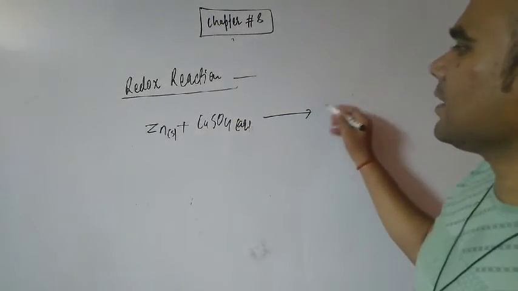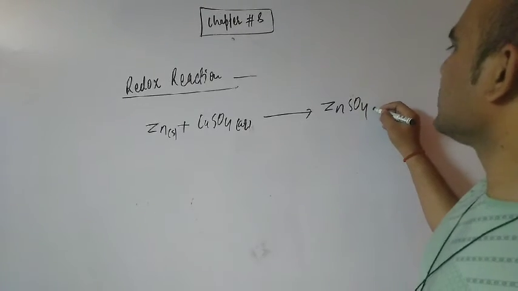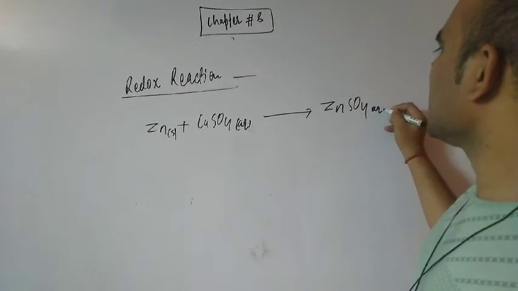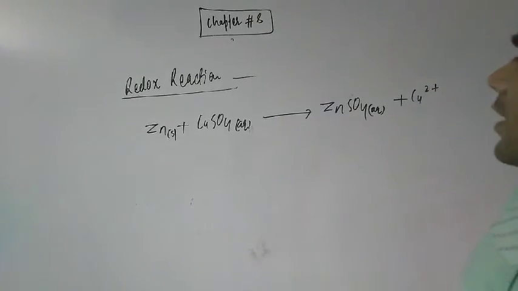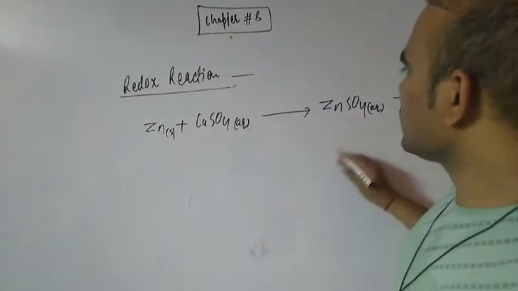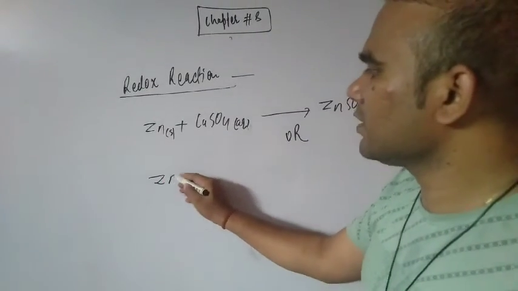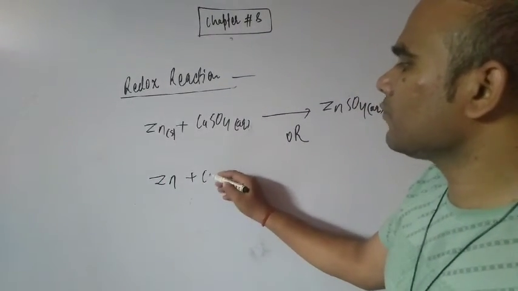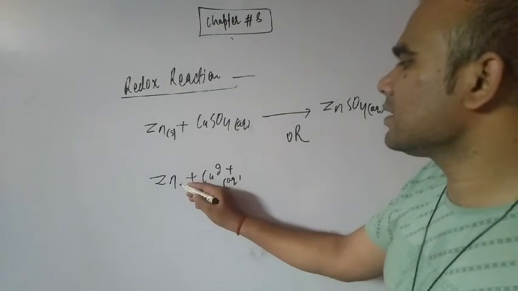So what will happen, it is converting into ZnSO4, this will form aqueous, and here it will give copper 2+. Or this reaction, if you are talking about, this will convert into Zn plus Cu2+, this is aqueous, and this is solid.